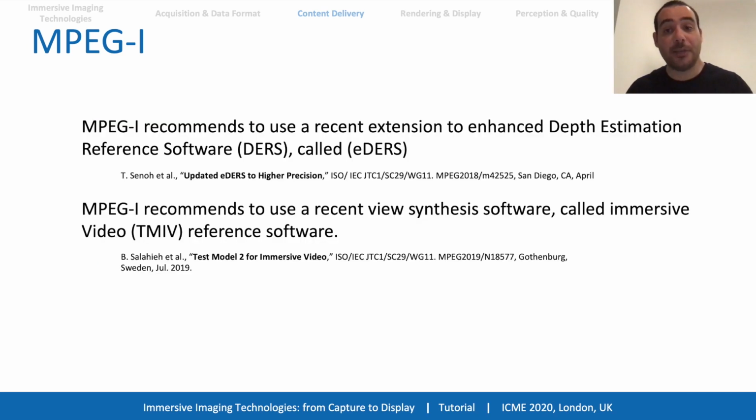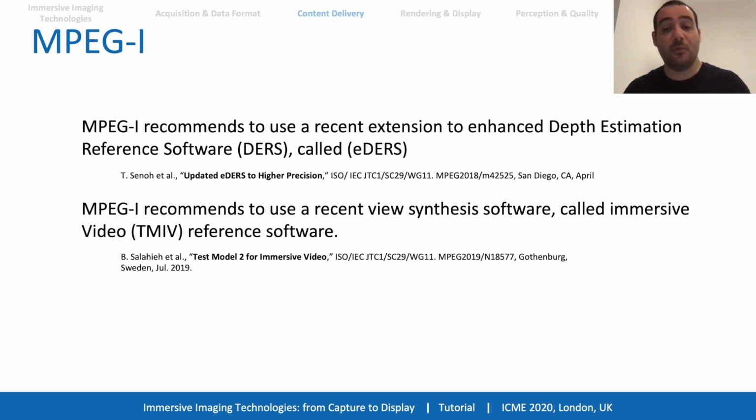MPEG-I currently has two important reference software packages. One is the Enhanced Depth Estimation reference software, and this software estimates depth maps for immersive imaging for 3DoF plus and 6DoF applications.